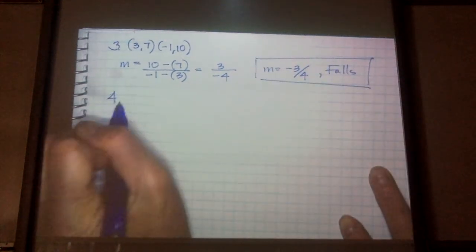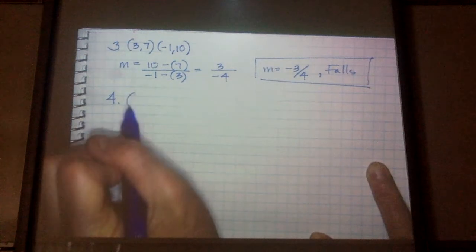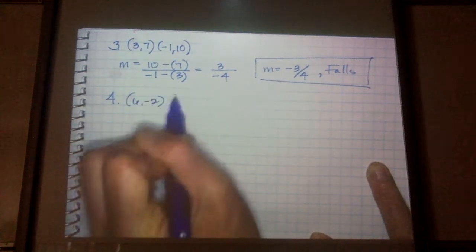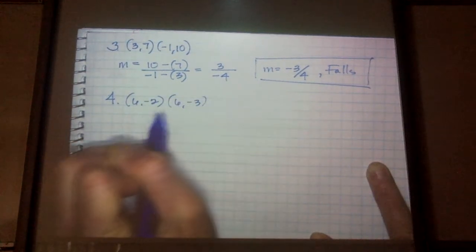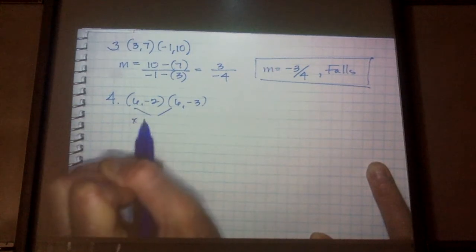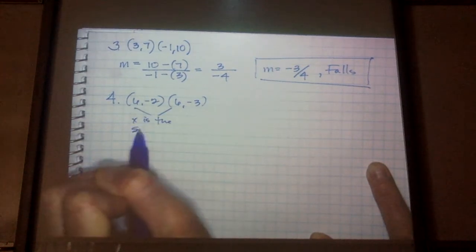Last one, and then we'll do lesson practice. So 6, -2, 6, -3. Notice these x values are the same.